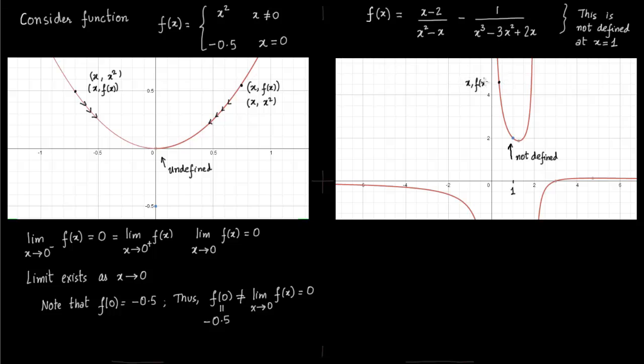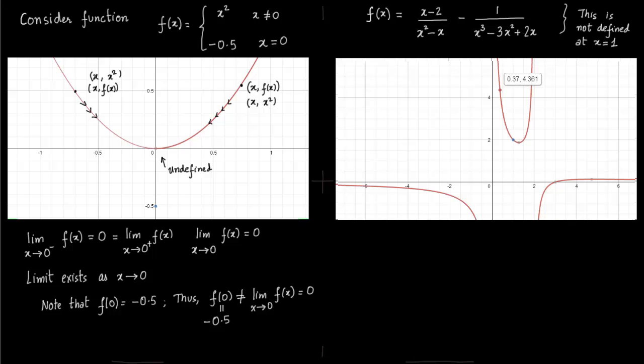Now we want to find the limit as x tends to 1. So as you see, if you are going towards 1 from the negative side, f(x) is 2. If you go to 1 from the positive side, again you see f(x) is 2. I've put this point in blue. So now as you are going towards x tends to 1, you can see f(x) is becoming 2.